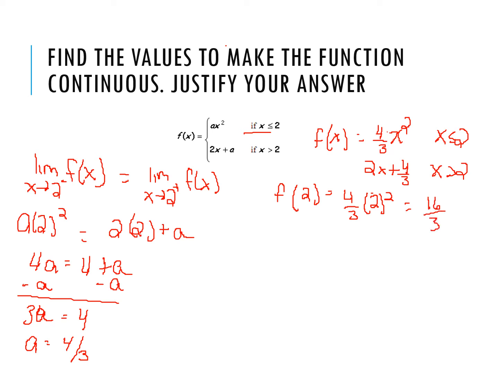Then I would have to prove that the limit as x approaches 2 from the left of f of x is equal to the limit as x approaches 2 from the right of f of x.